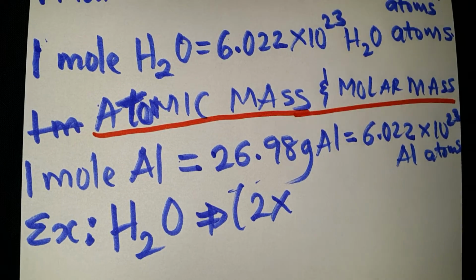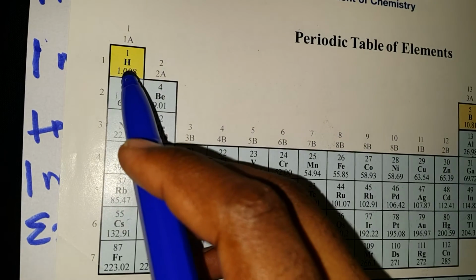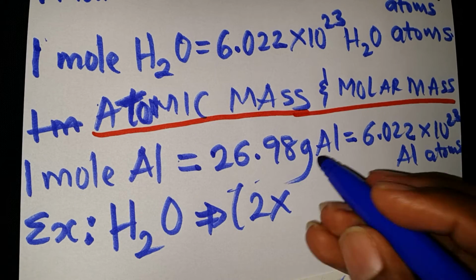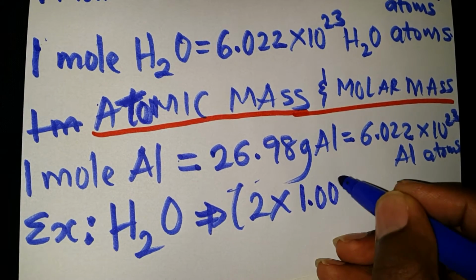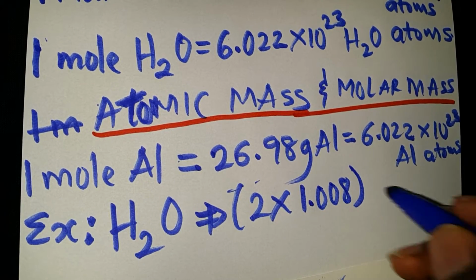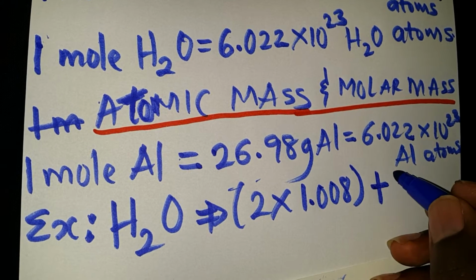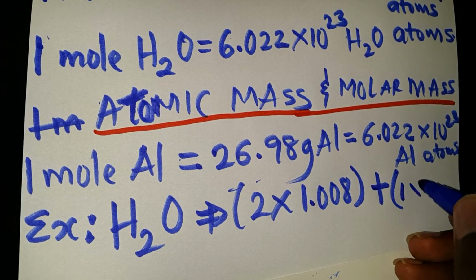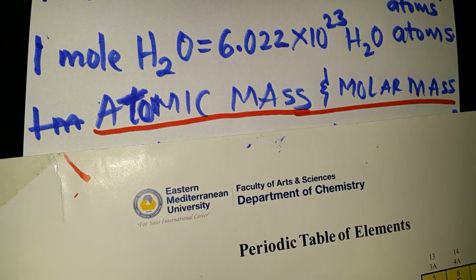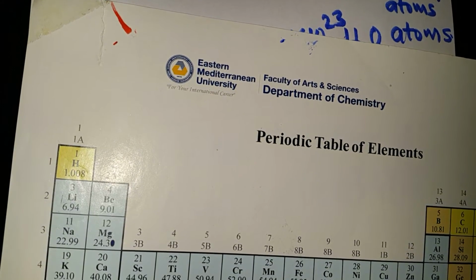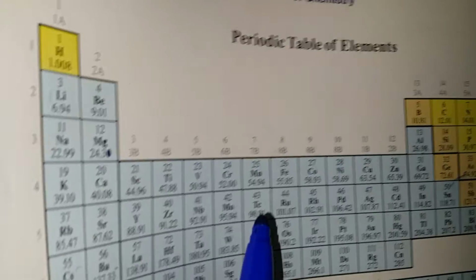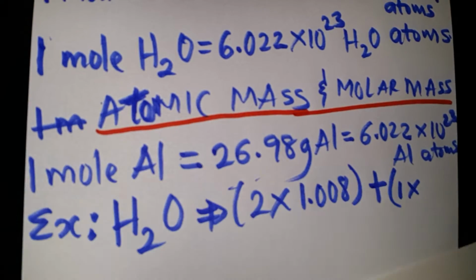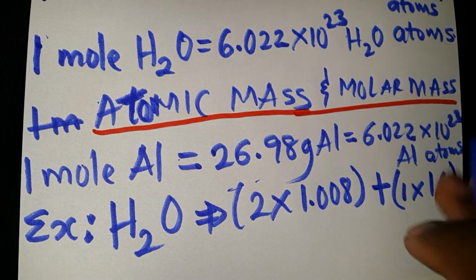Where's hydrogen? This hydrogen, we have 1.008. So you write 1.008 plus, we only have 1 oxygen here, so 1 multiplied by, what's oxygen on our table? It's here. It's 16.